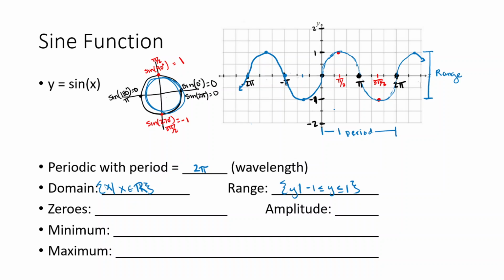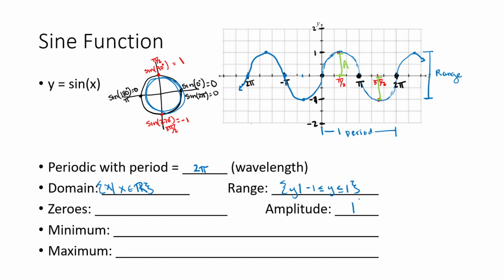Okay. Now that height of our wave, the distance of a wave from its middle to its peak, or from the middle to the valley, is called its amplitude. So its amplitude equals 1.